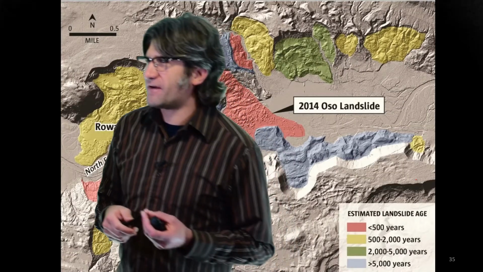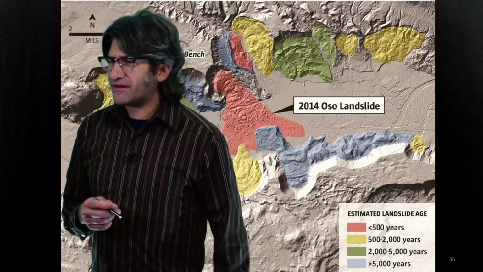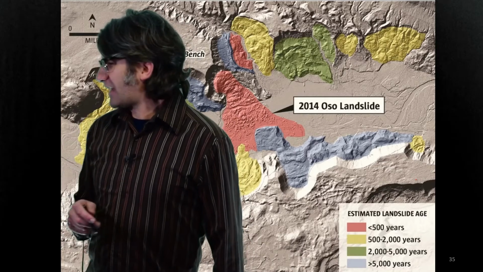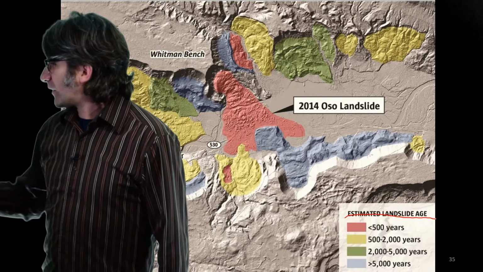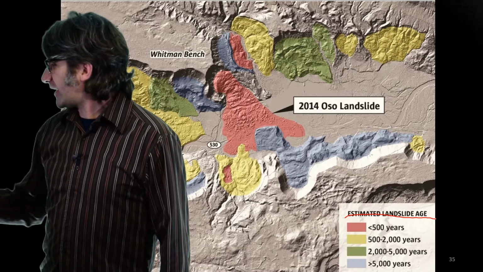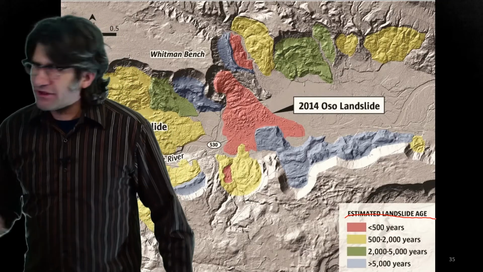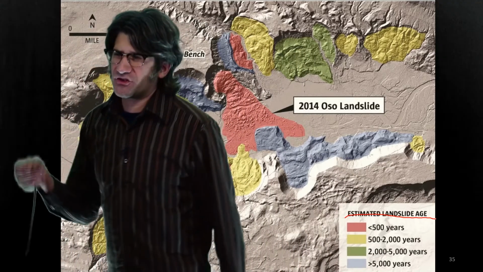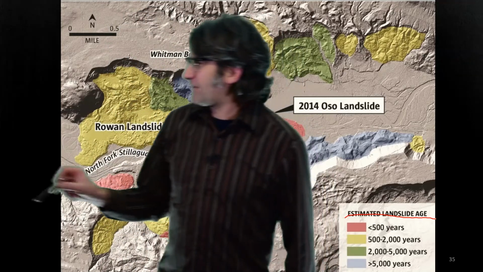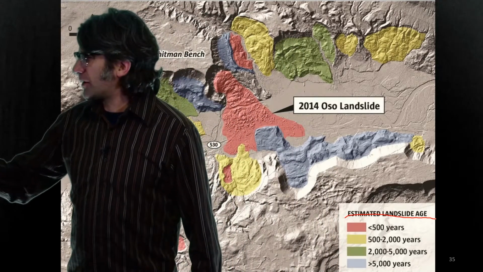Okay, but I want to ask another question. We can identify in a landscape where we have these landslide hazards. So here's some estimated landslide ages. Right here is our 2014 slide, but we have evidence for many, many landslides over the years. And just by the way, look at this digital elevation model. How do you think we have this spectacular digital elevation model with this landscape?